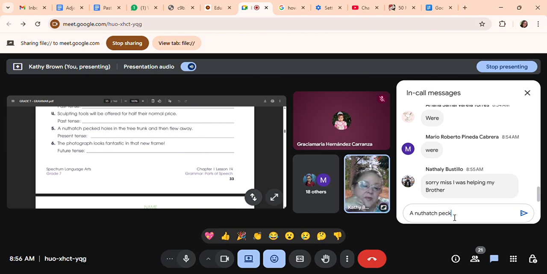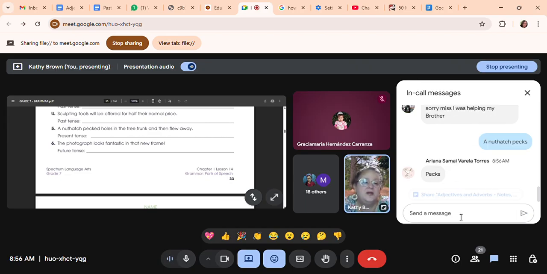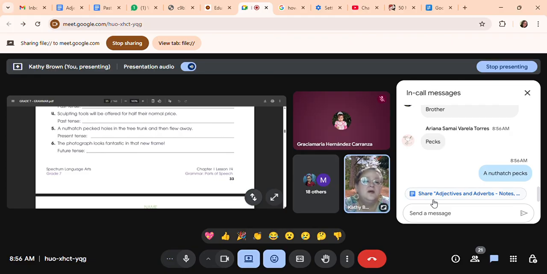Let me show you. So, pecked is past tense. We don't need the ed. But now we need to know, okay, do we need an s or not for present tense? Nuthatch is singular, so yes, we need an s. So it's a nuthatch pecks. Yes, Ariana, that's right. And so a nuthatch pecks holes in the tree trunk.